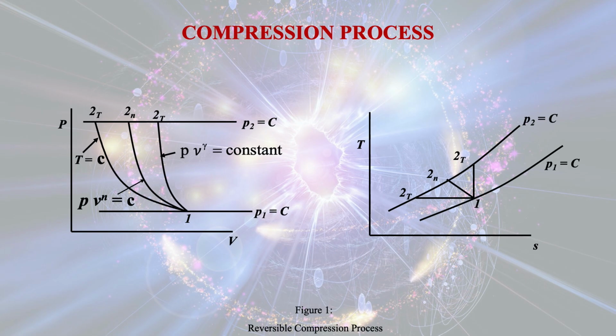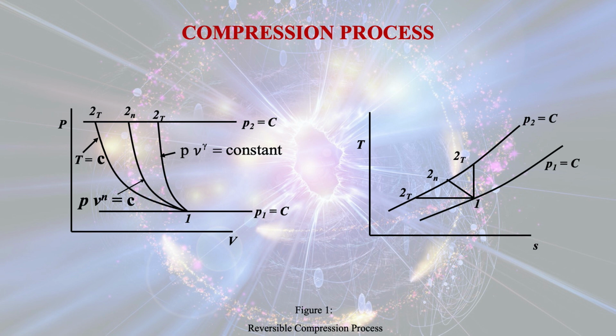The next line, denoted by PV to the power n is equal to constant, represents the compression process related to the polytropic process, and the line denoted by the equation T is equal to constant is the isothermal process.